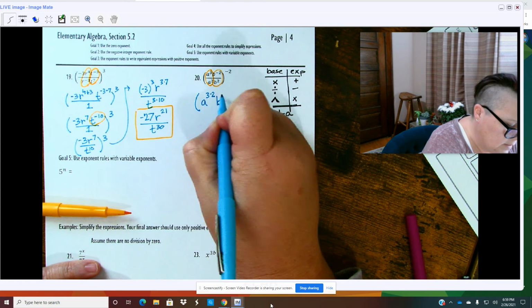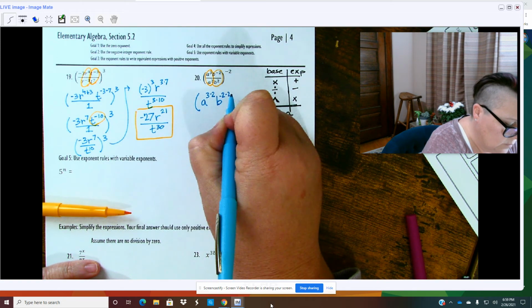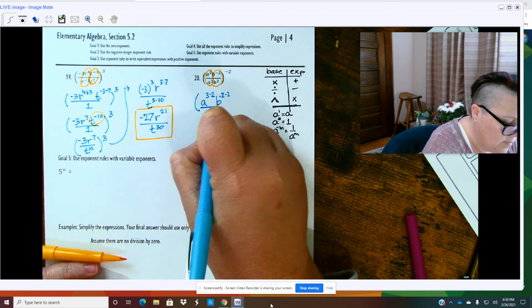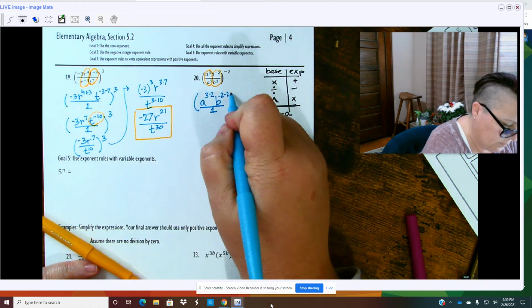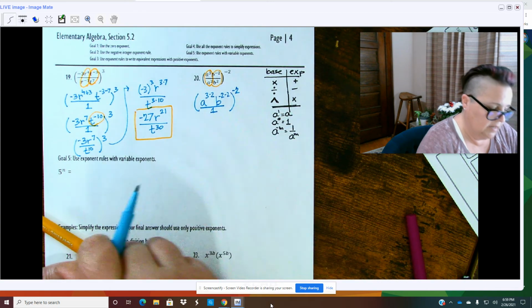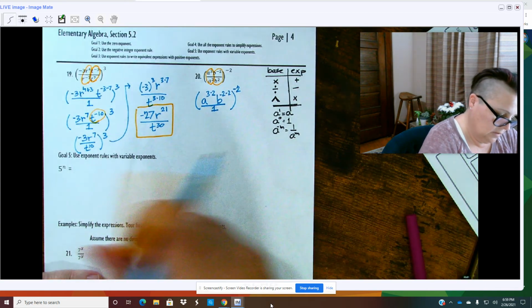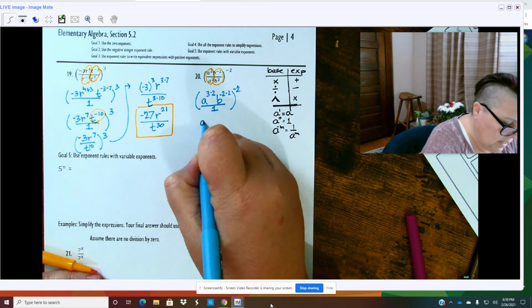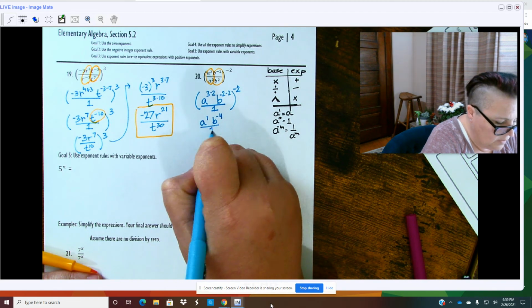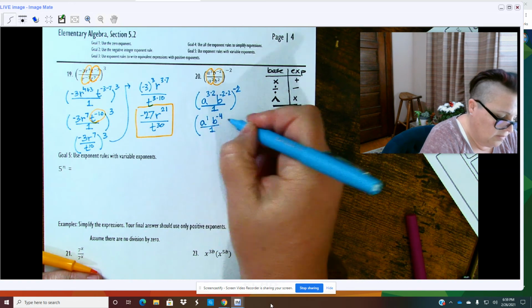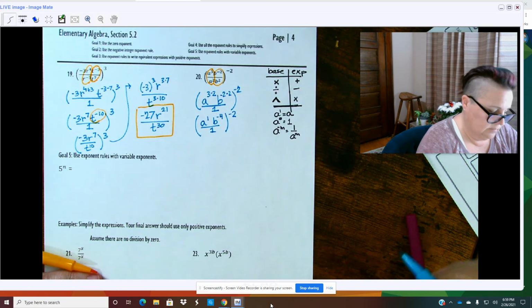That's going to be b to the -2 minus 2. That takes away all my denominators, so I'm holding it over 1. Oop. And this is going to go to the -2 power. All right, this is going to give me a to the 1st, b to the -4th over 1. All of this to a -2nd.